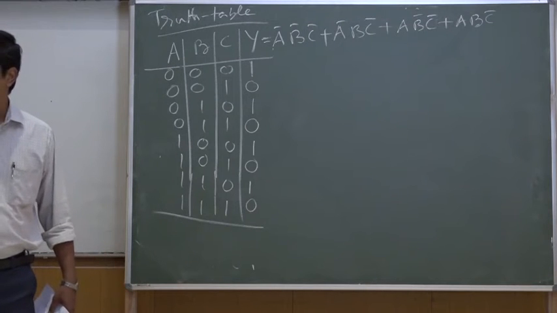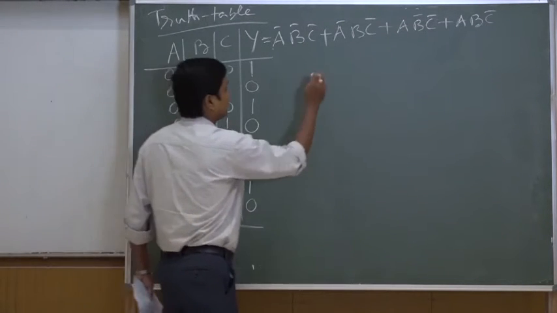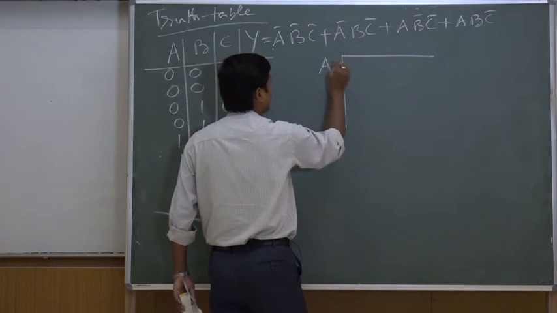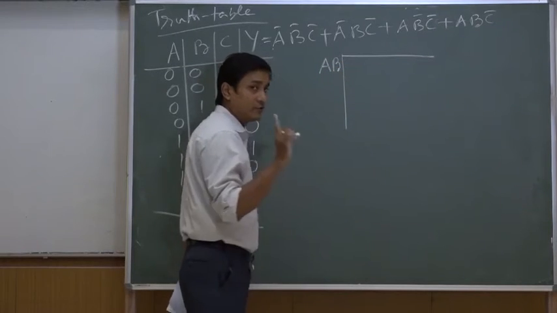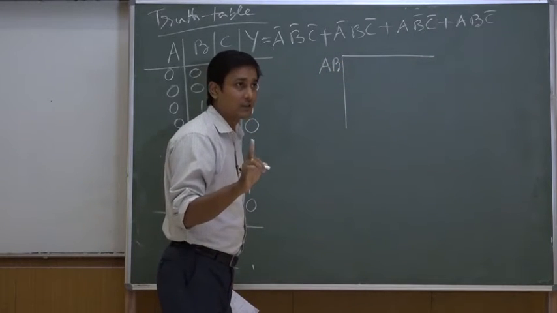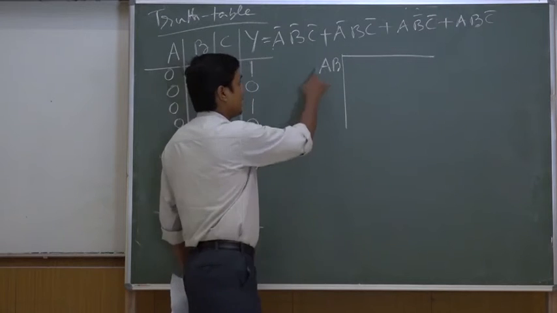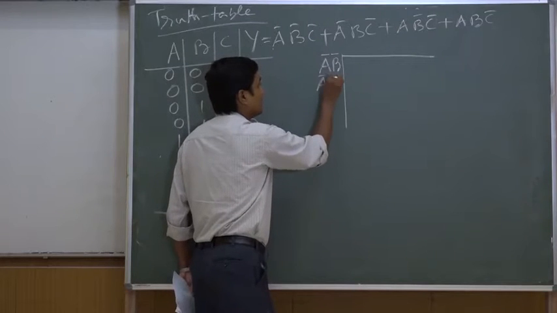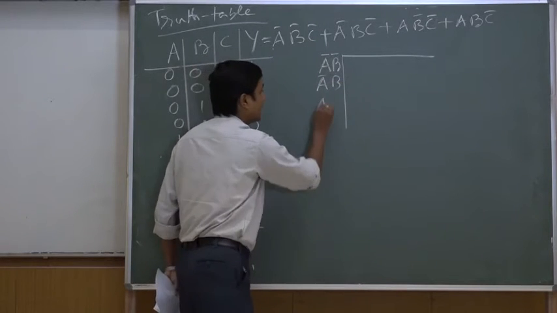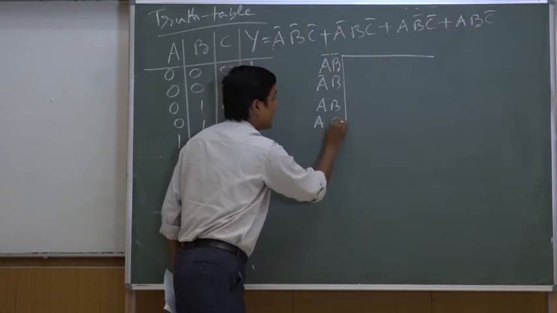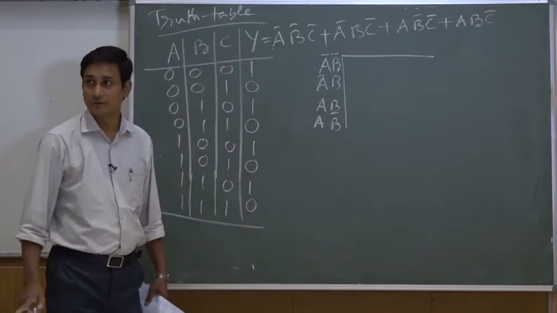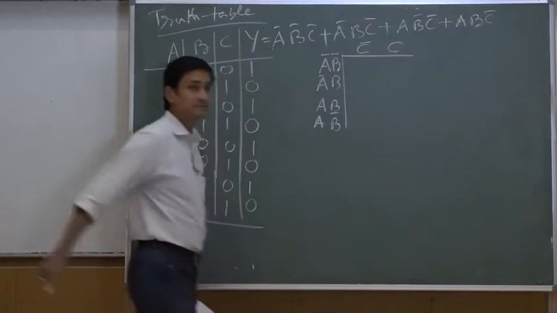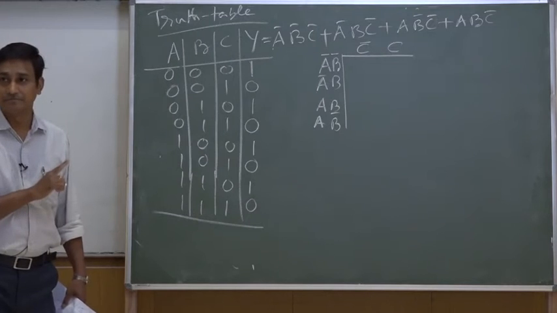Now, let me put this in the Karnaugh map, where there will be one Karnaugh map of 3 variables. If 3 variables are there, take A, B: A bar, B bar, then A bar, B, then A, B, then A, B bar. Fine. Then C bar and C, only 2 are there. This should be the Karnaugh map.